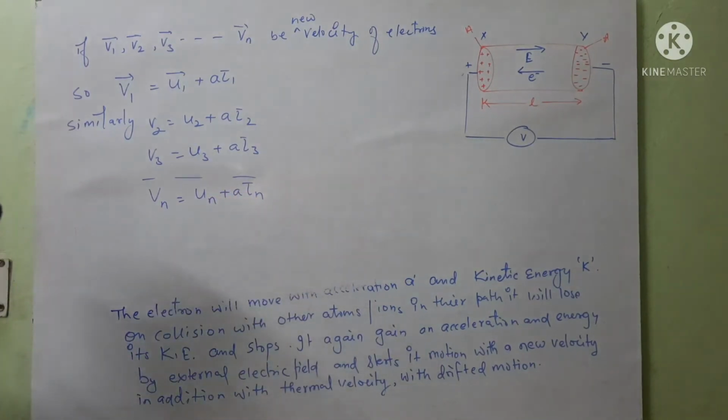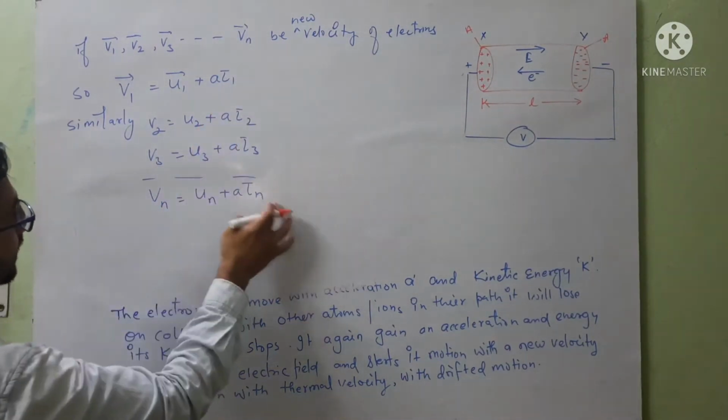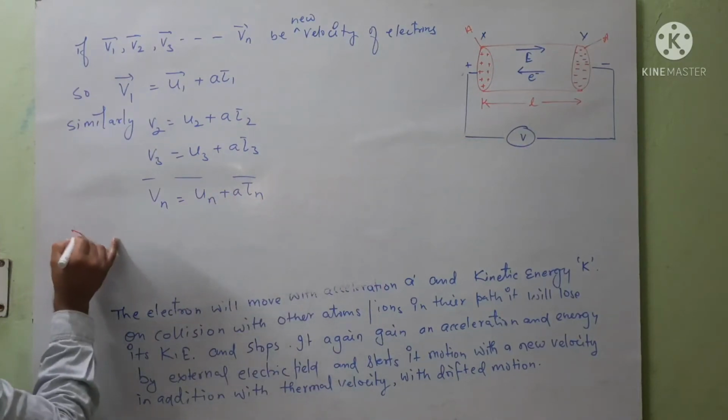Got it? Now after that, we are talking here about the average velocity. So the definition of drift velocity I will write here.